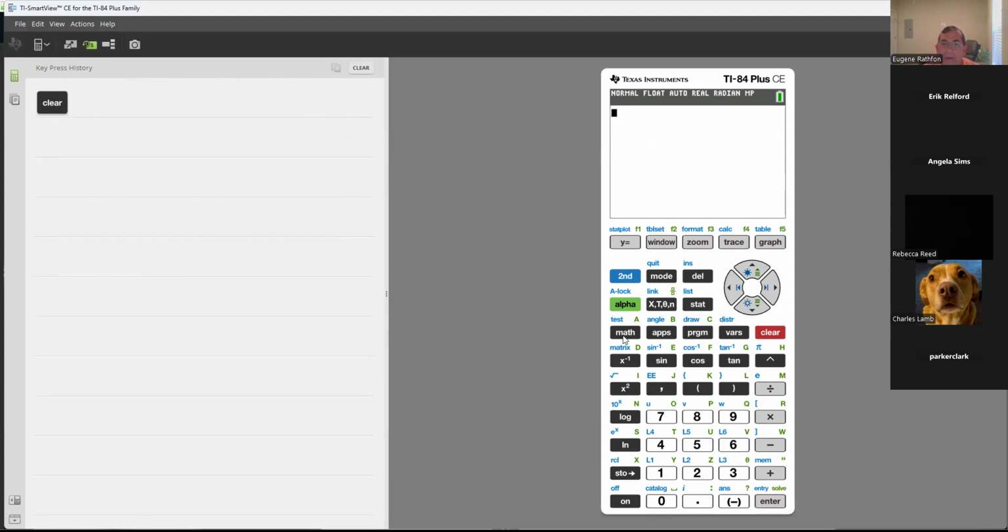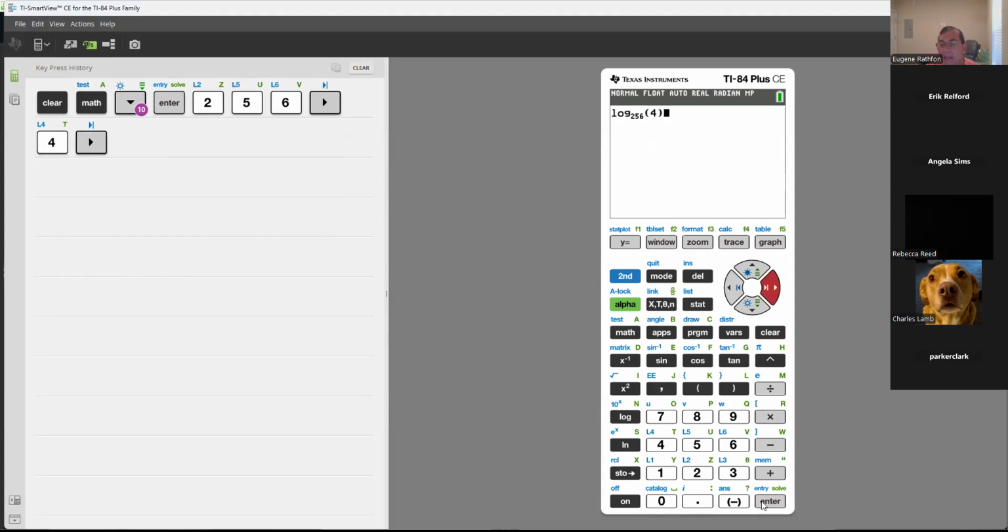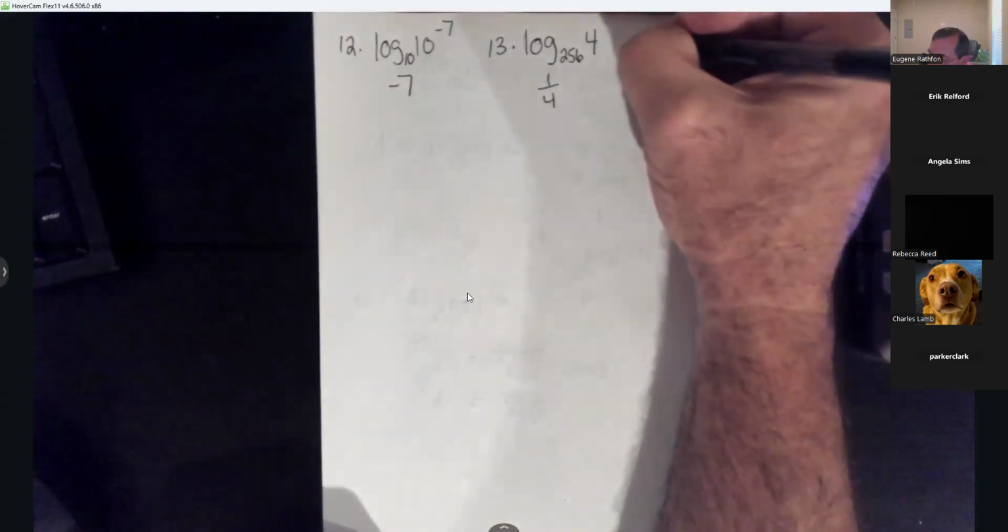I would go to my math and down to my log base, hit enter. My base was 256. Then I would arrow right and put in my 4. Like I said, it's going to give me a decimal. If you hit the math button and enter twice, it will turn the decimal back into a fraction. Good job on that. So these will be fractional answers.